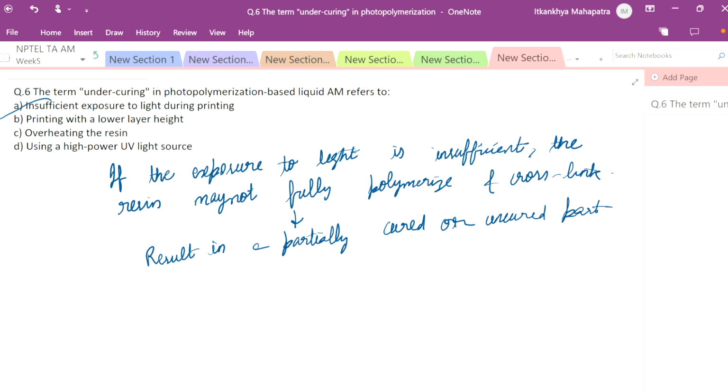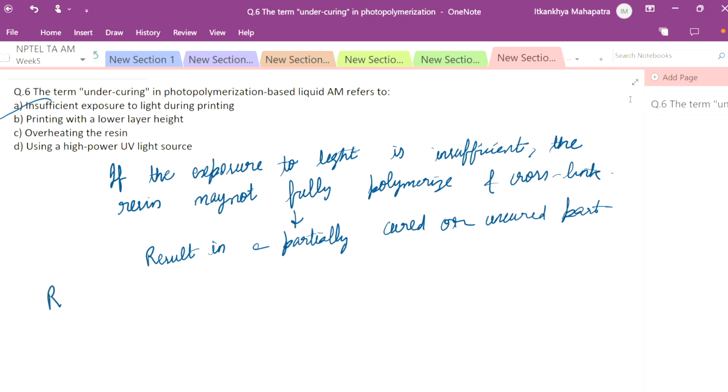Now, printing with a lower layer height doesn't directly relate to undercuring. Layer height refers to the thickness of each individual layer in the 3D printed object. Overheating the resin would not be described as undercuring; overheating might lead to other issues. And using a high power UV light source might actually help in achieving proper curing if the exposure parameters are appropriately adjusted. It wouldn't be a direct cause of undercuring.